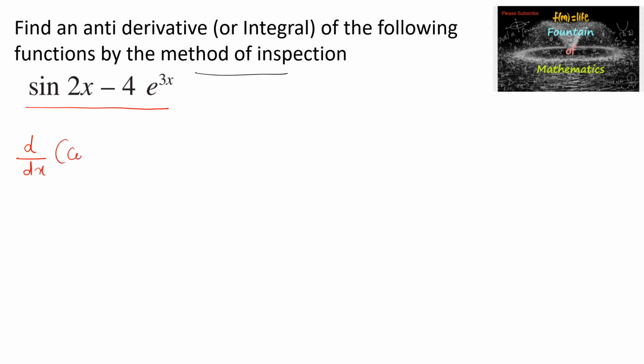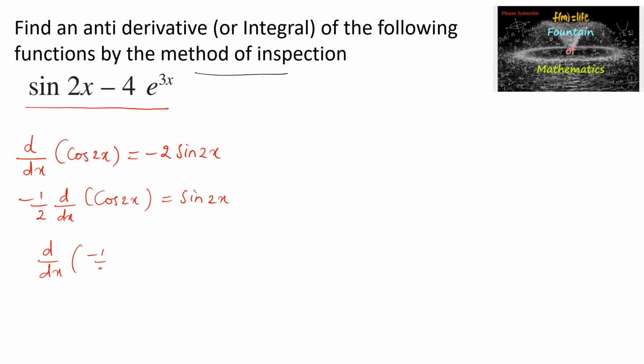We know the differentiation of cos 2x is equal to minus 2 sin 2x, or we can write minus 1 by 2 d by dx of cos 2x is equal to sin 2x, or d by dx of minus 1 by 2 cos 2x is equal to sin 2x. So from here we can say that the antiderivative of sin 2x is minus 1 by 2 cos 2x.